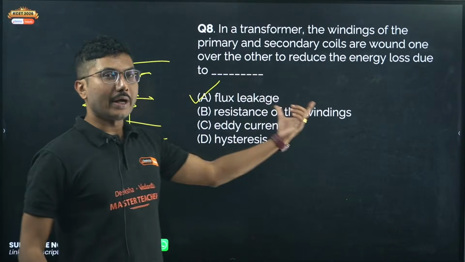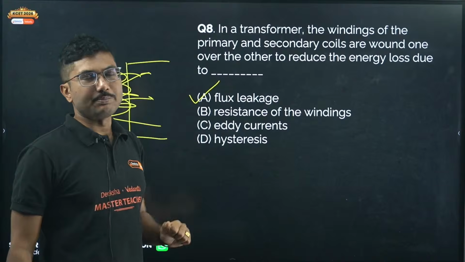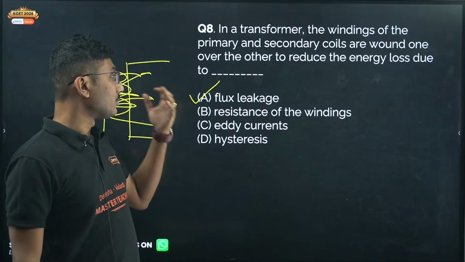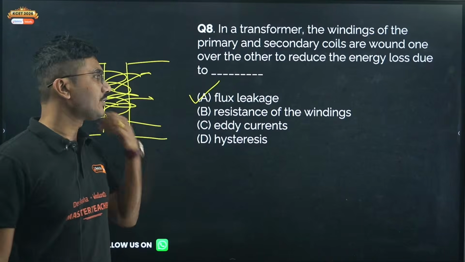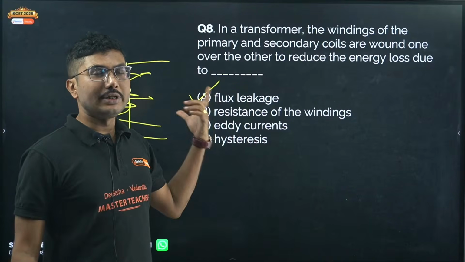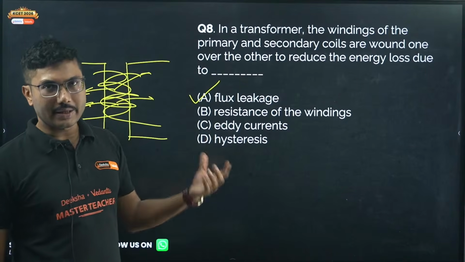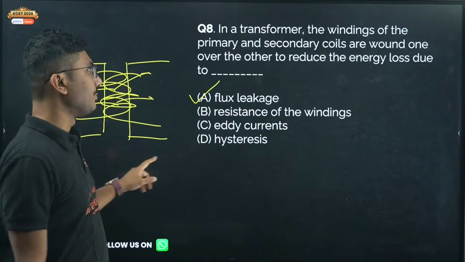For resistance of the windings, copper wire is used. Copper has very low resistance and is obviously cheaper. You can use silver, but silver is much costlier, so that's why it is not used. Copper is used, not aluminium, as aluminium has higher resistance. For hysteresis we use soft iron as the core. So these are the four causes and their remedies.